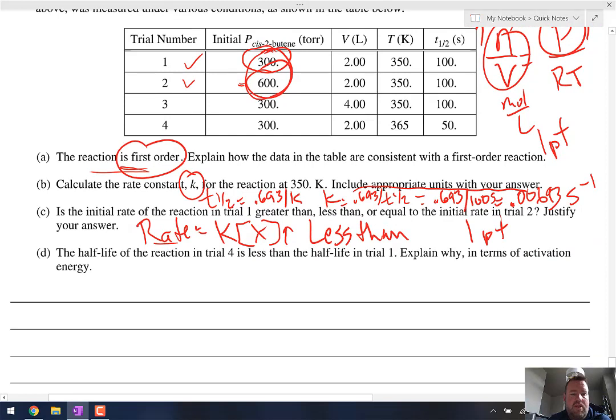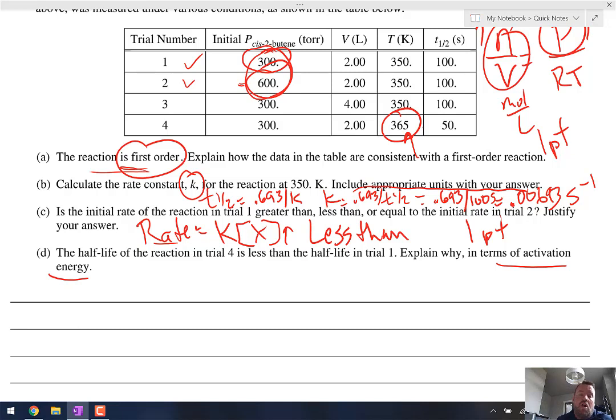Okay, and then part D says the half-life of the reaction in trial 4 is less than the half-life in trial 1 or 2 or 3. Okay, why? Again, it says explain in terms of activation energy. All you have to say is that at a higher temperature, more molecules have enough energy to, you already know what I'm going to say next, overcome the activation energy barrier.